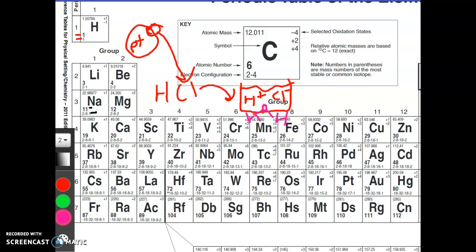And this proton is just going to attach itself right onto the water molecule. When it does so, and there's still an electron pair here, the water now has a positive charge and an extra proton because it just assumed the H and its plus.